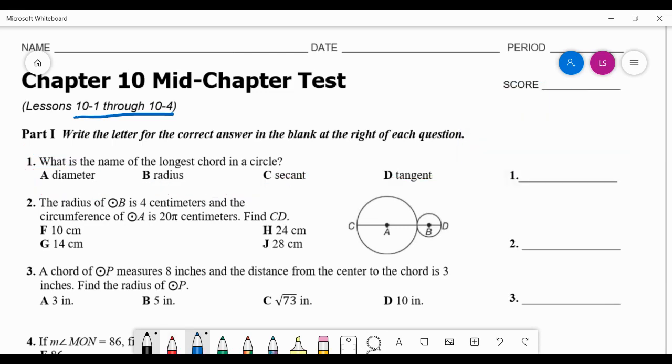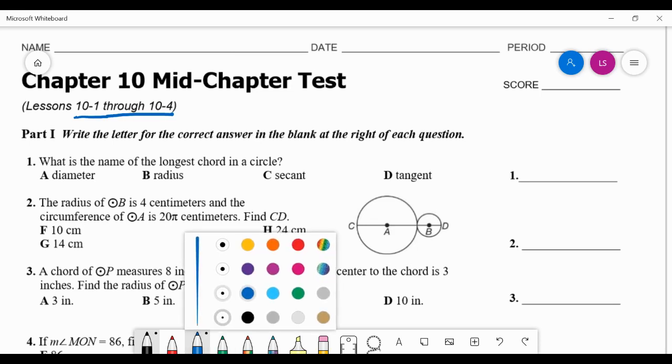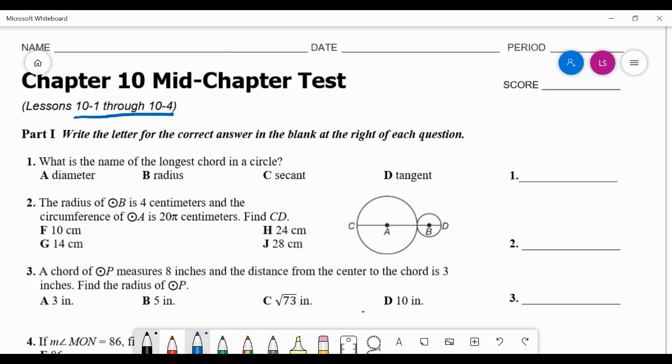Number 2, the radius of circle B is 4 centimeters, and the circumference of circle A is 20 pi centimeters. Find CD. The radius of circle B is 4 centimeters, so this little piece is 4 centimeters. And the circumference of circle A is 20 pi.